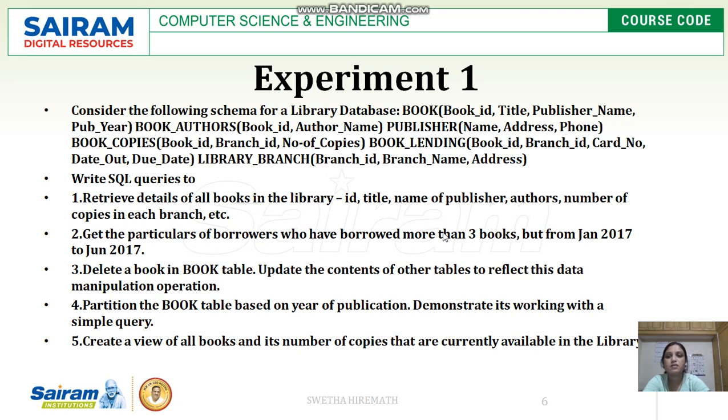So in our tables we can see here book consists of book ID, and book authors also consists of book ID, and book copies and book lending. So all these tables also consist of the details regarding the book. So once it is deleted, its book ID also will be deleted, and that has to be updated in the other tables which will be reflecting this data manipulation operation.